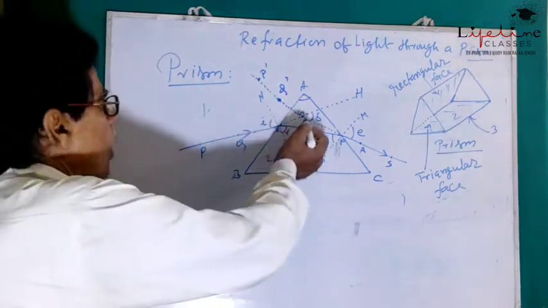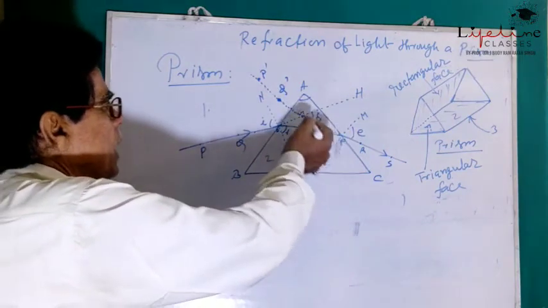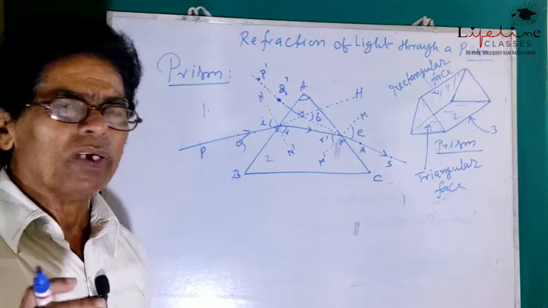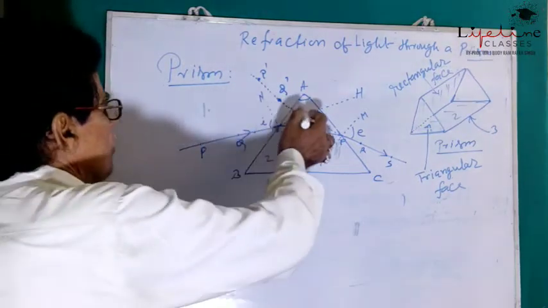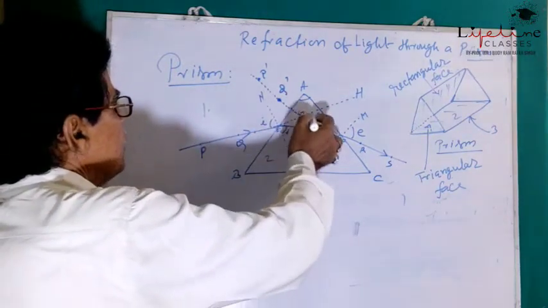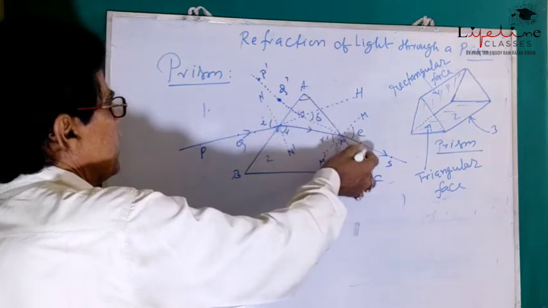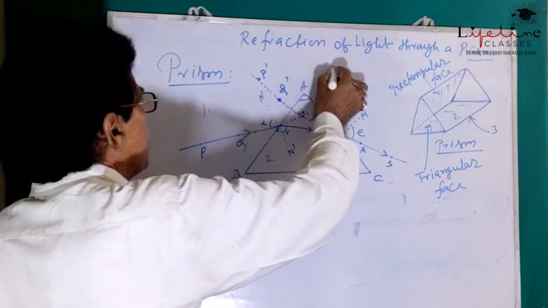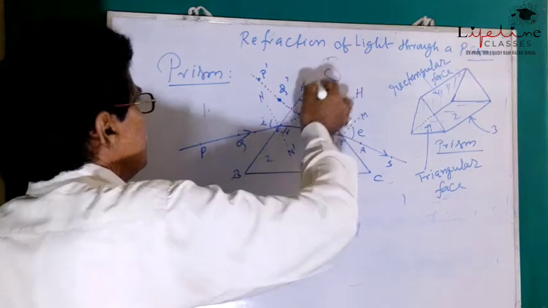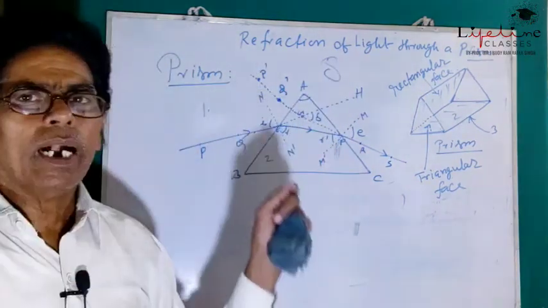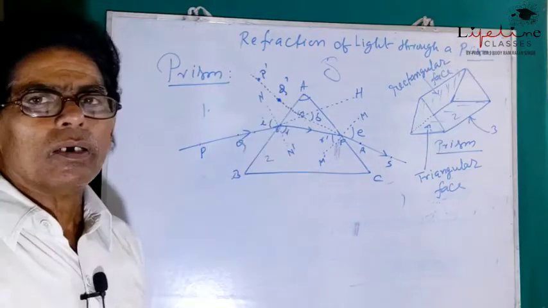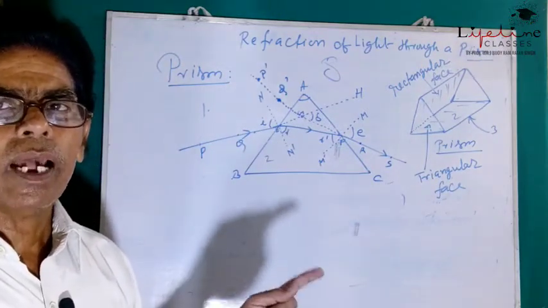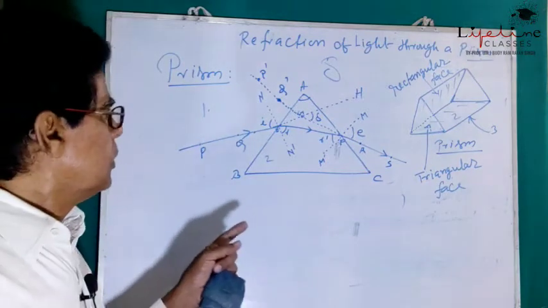This is the point of intersection of the incident ray and the emergent ray. The angle between the incident ray and the emergent ray is denoted by D or delta. It is called the angle of deviation.